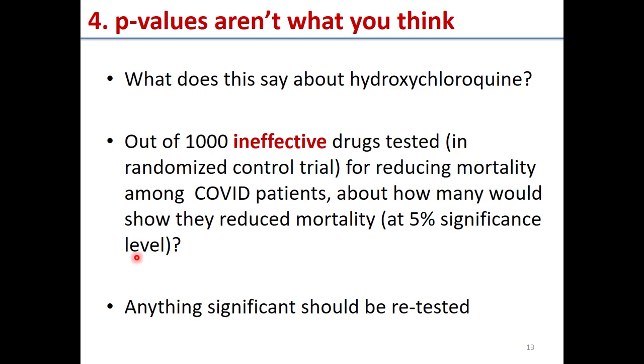Well, think about a two-tailed test: 2.5% would show a significance on the positive side, 2.5% on the negative side. So roughly 25 of those 1,000 ineffective drugs and treatments would show that they actually improve outcomes. And what this means is that if anything is found to be significant, it should be retested.